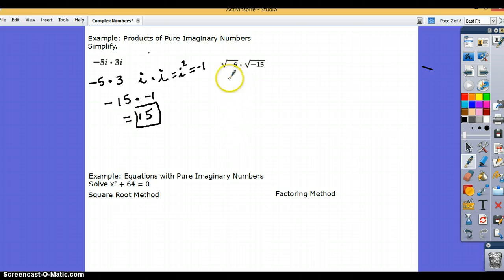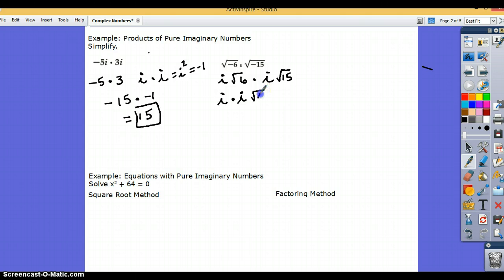Okay, so same thing applies here. So that negative means I have an i times the square root of 6 times i times the square root of 15. Okay, so this is i times i, right?